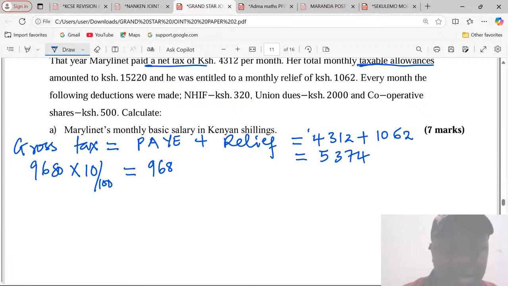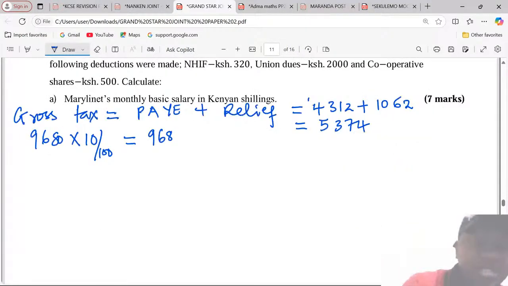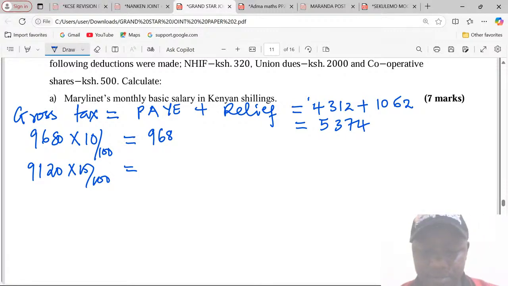Then from the second bracket, we have to pick 18,800. Then we subtract 9680. This is 9120. We get 9120 from this bracket, at the rate of 15%. This shall give us 1368.